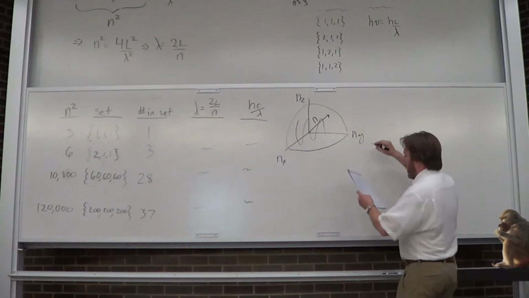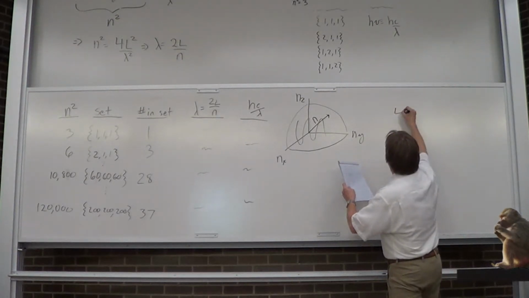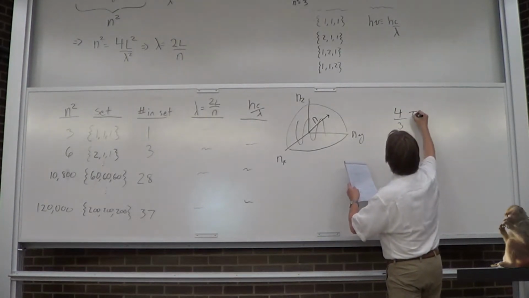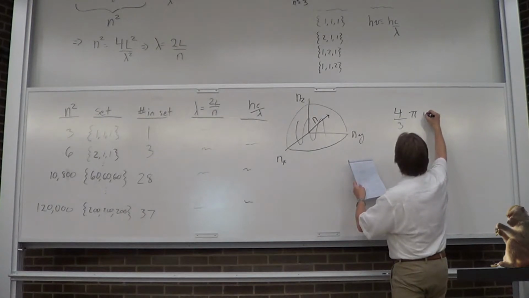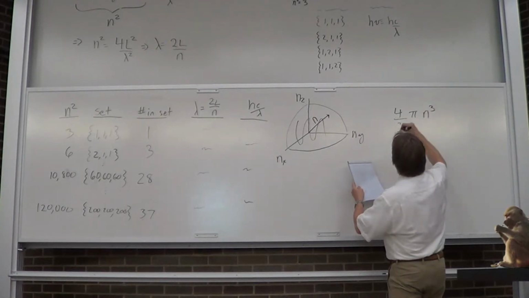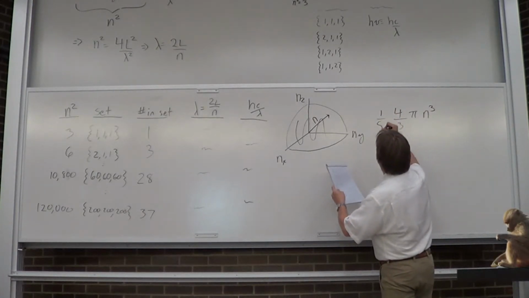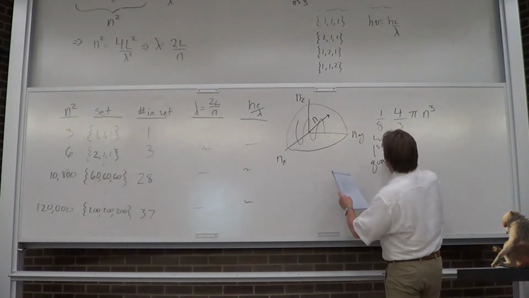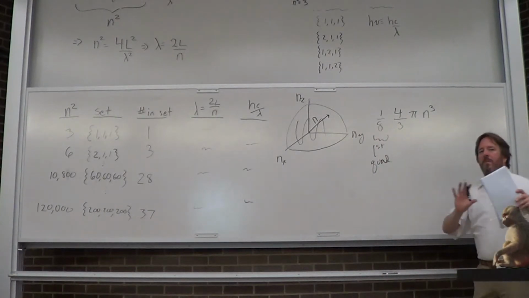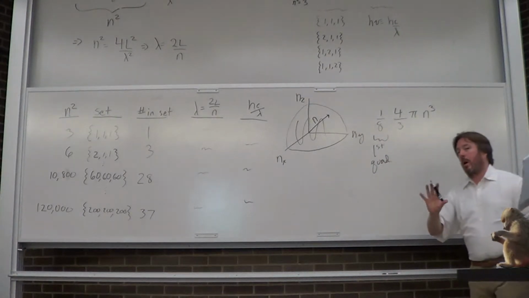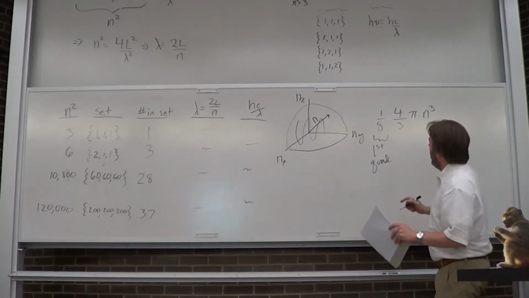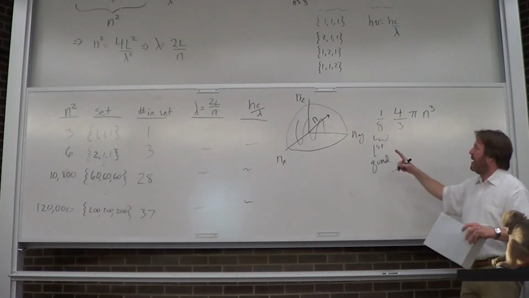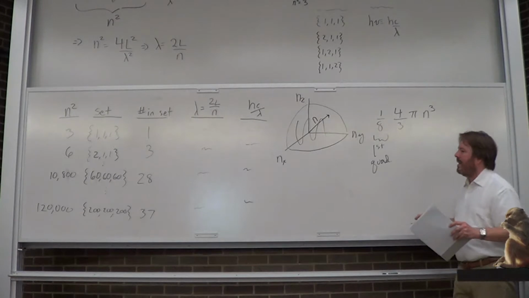It turns out that this volume of a sphere, which is 4/3 pi n cubed, let's do 1/8, because remember, first quadrant. I'm glad you guys are more mathematical, so you know what quadrant means, right? So we're in the first quadrant, so there's 1/8 of the volume of the sphere.